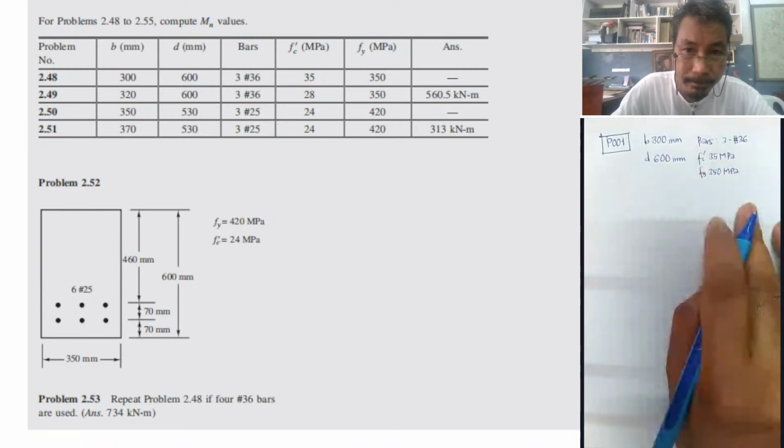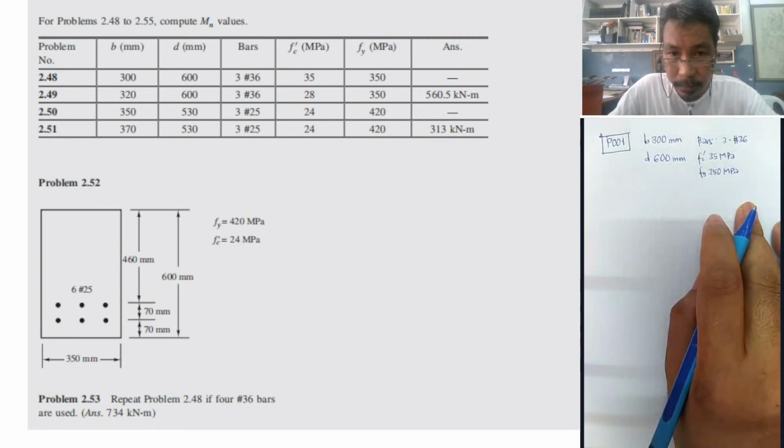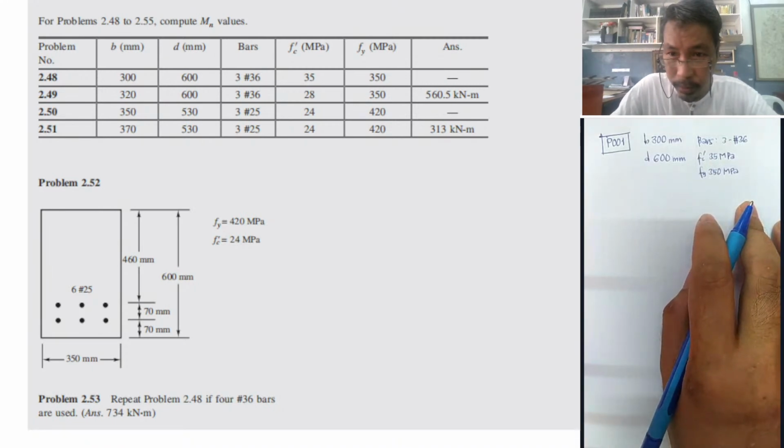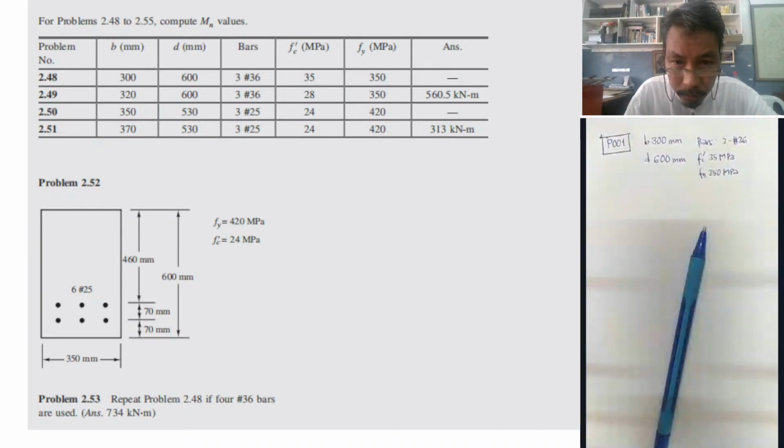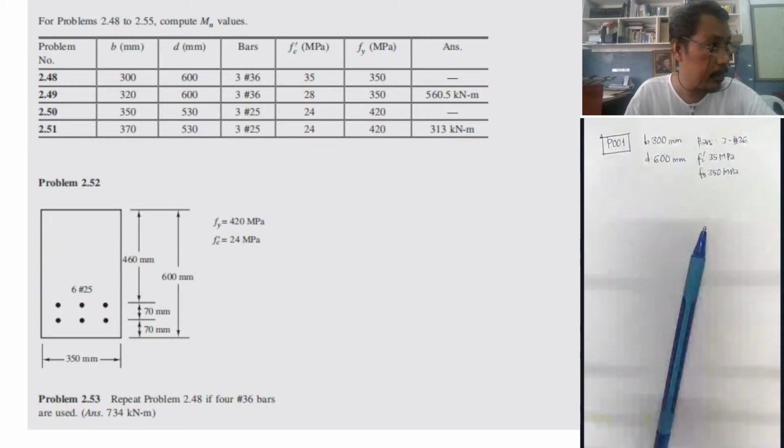Before we proceed, is the writing on the paper clear enough so that we can proceed? Or I need to maybe make it bigger, a little bit bigger? Any comment about this? Is it clear? You can read it? So if we can read it, I will just proceed.